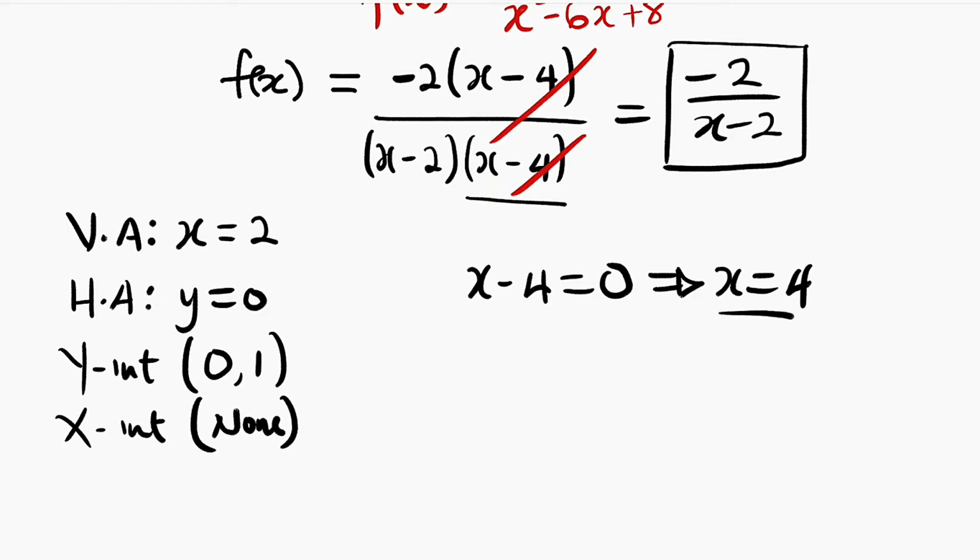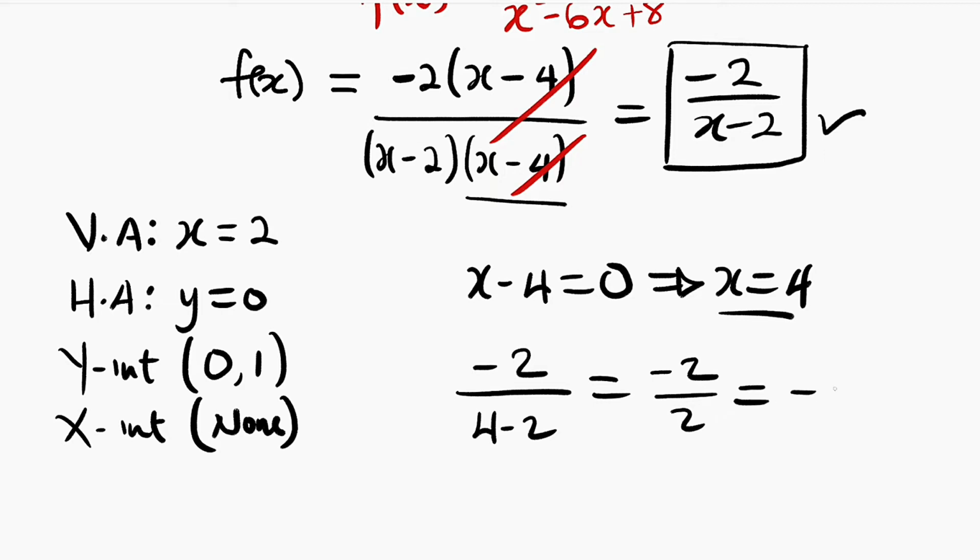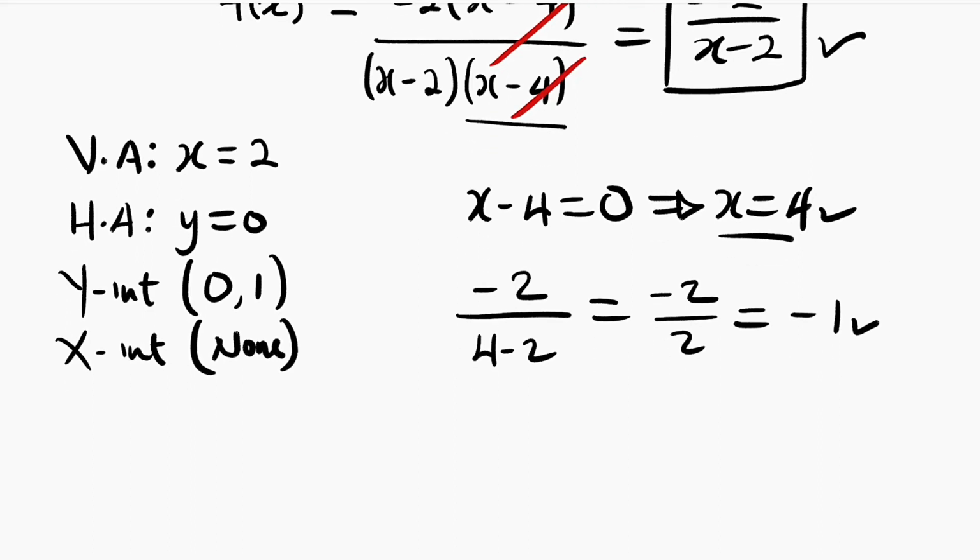We can substitute x equal to 4 in the remaining function, which is -2 divided by x minus 2. So -2 divided by 4 minus 2, and this is equal to -2 divided by 2, which is equal to -1. So our hole is at x equal to 4, y equal to -1. So hole is at 4, -1. So now let's go ahead and construct this graph.